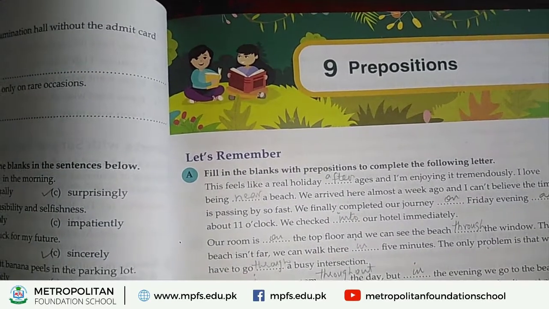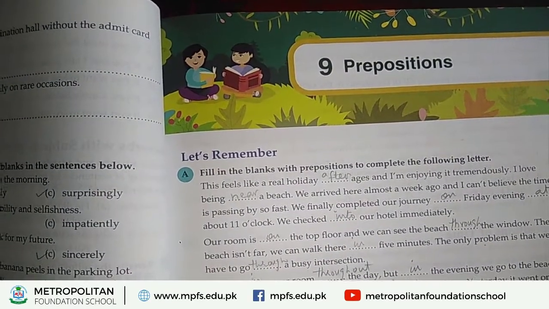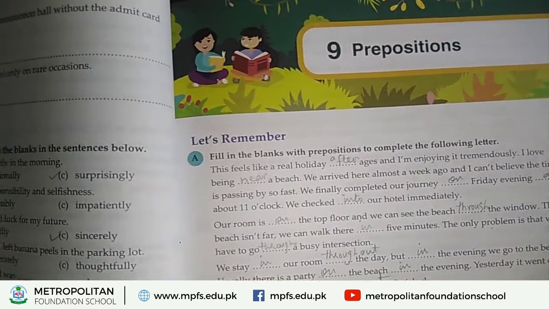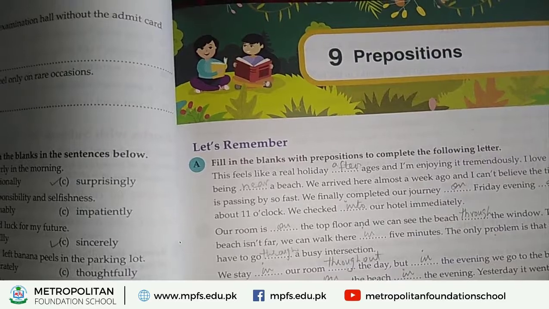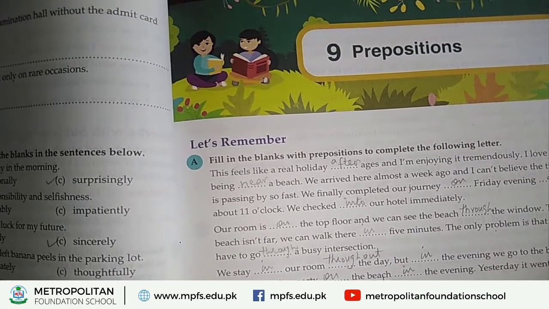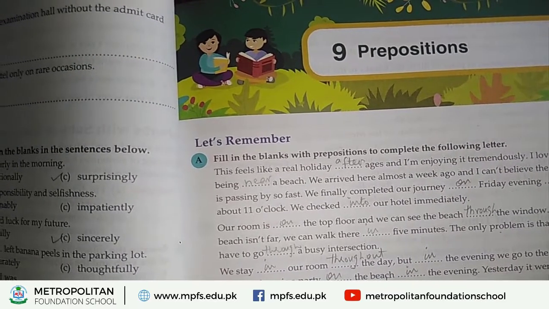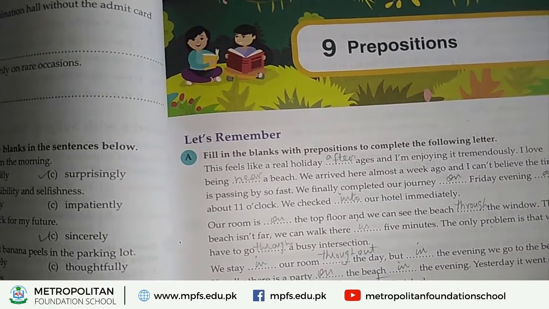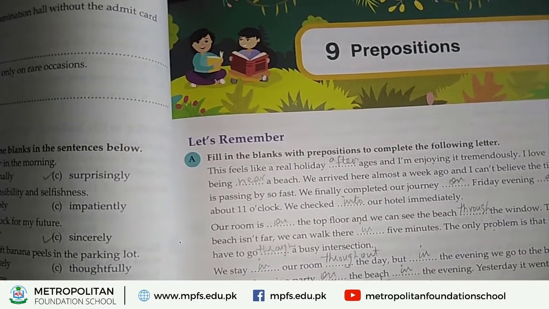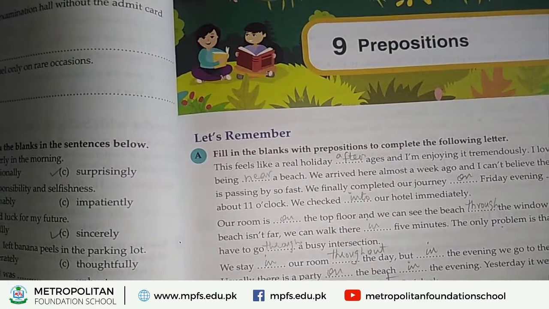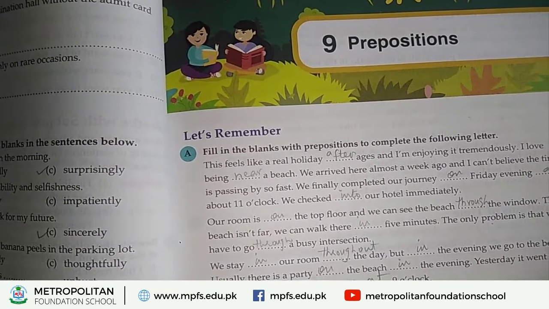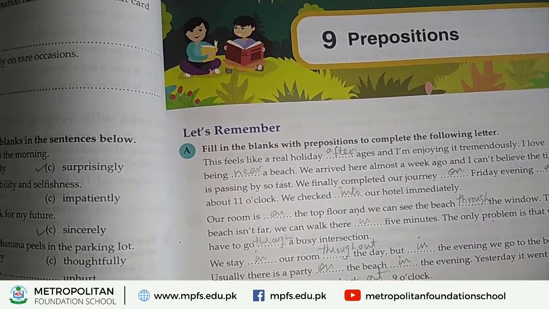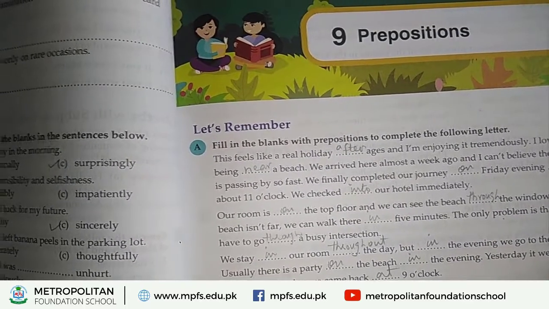As you know, students, I have explained the topic of prepositions. So again, I'm giving the definition of a preposition. What is a preposition? A preposition shows the relationship between a person or thing denoted by the noun and someone or something else in a sentence.